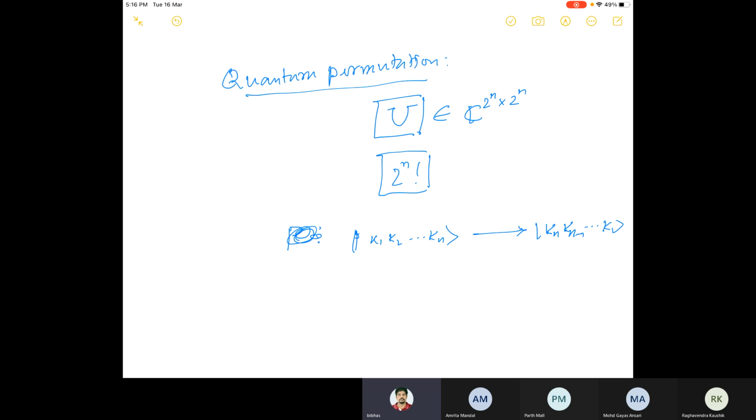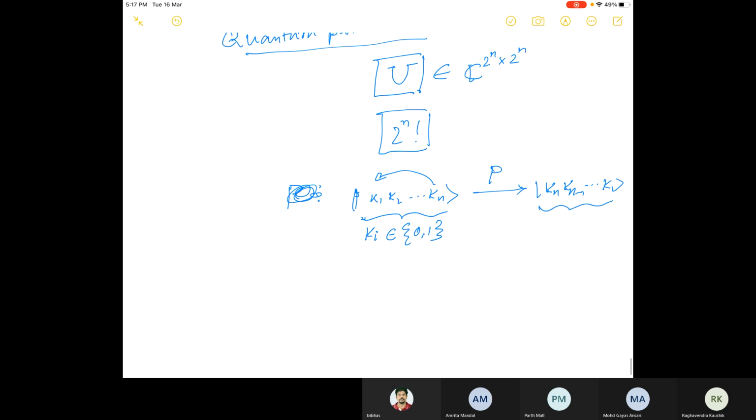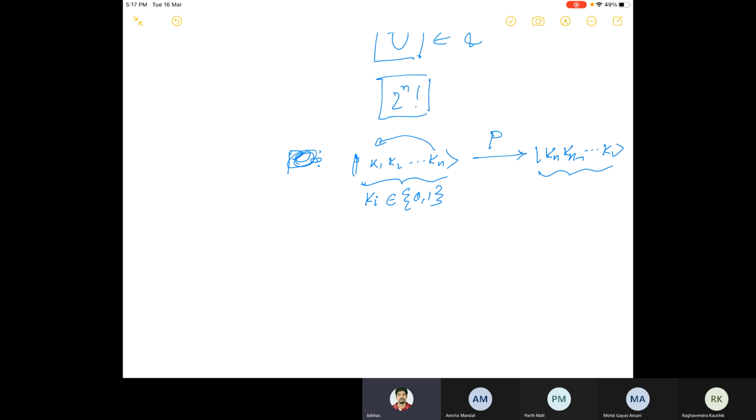So it will reverse the qubit states. The ki's are nothing but 0 or 1. So there are n qubits here, and n qubits here. So it will just reverse the order. If we apply this matrix P or this gate, then it will reverse. So sometimes it is also called reversal permutation. So this P is also called reversal permutation.